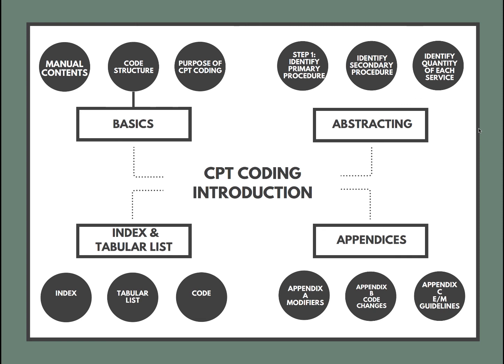For services that are based on time, identifying the number of minutes spent providing the service, you want to convert those to the unit of time required by the code description. I have a whole other section on the units of time and coding when we get to the E&M chapter in a couple of weeks. Lastly, you want to abstract only services provided during the encounter being coded. So we do not abstract information or provide codes for services that were previously provided or services that may be planned for the future.